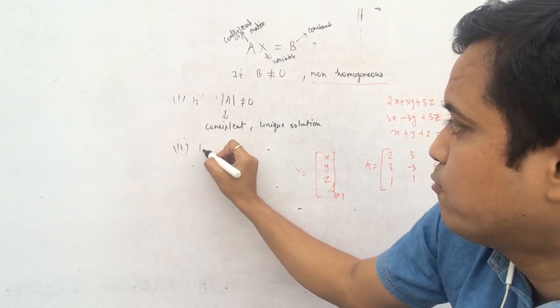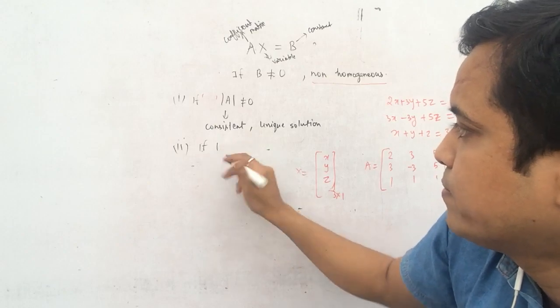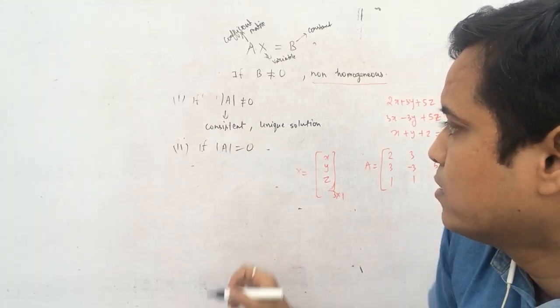Suppose the determinant of A is equal to 0, then you have two cases.